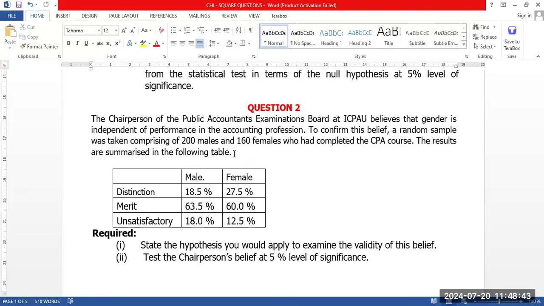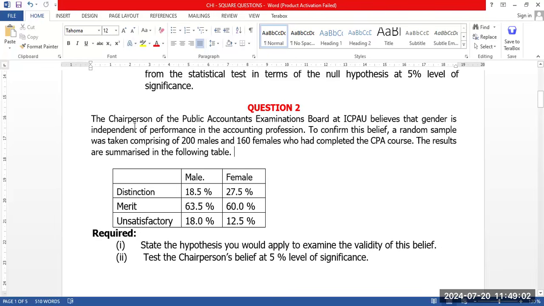But as we said, colleague, this is just a statement from the chairperson. The chairperson of the Public Accountants Examination Board is saying that gender is independent.